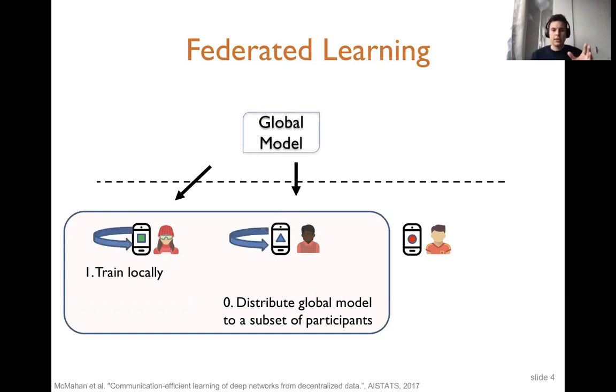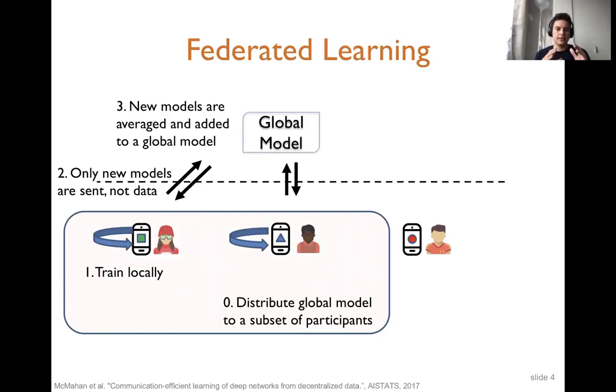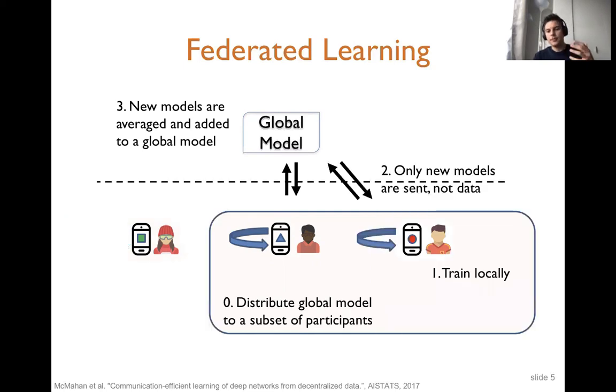They train this model locally on their data and then send the model back to the data center. Then these models are aggregated and averaged together, and it becomes a new global model. And then the same process repeats.